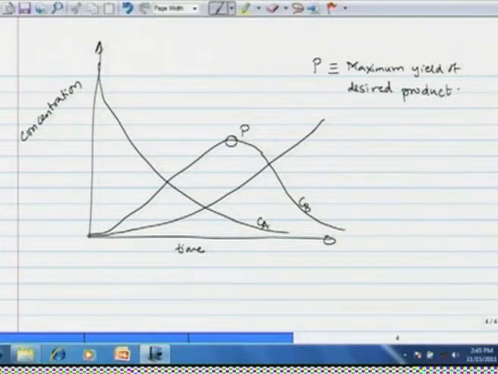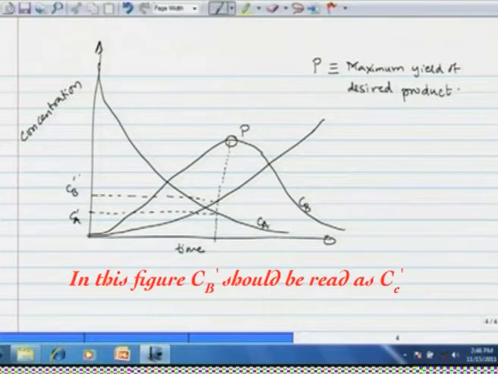Now, if you project this point downward and see what are the concentrations of the other two products that correspond to maximum yield of the desired product, we see that almost 70 to 80% of A has been converted by the time maximum yield of the desired product is reached, and in addition the concentration of the undesired product is also significantly high.